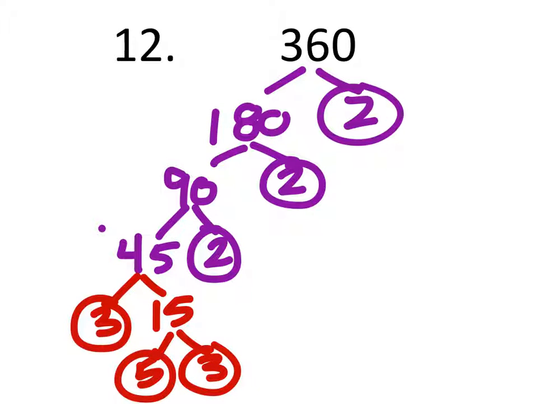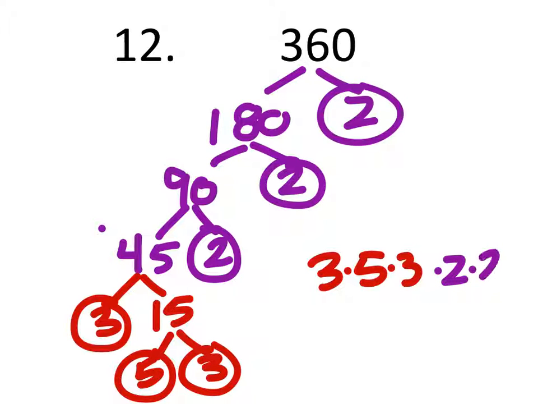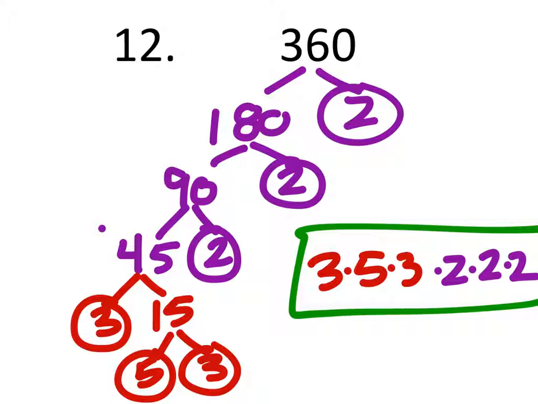So this one gave us six numbers, right? I got the 3 times the 5 times the 3. Then I've got these 3 twos. I'm using different colors. You don't have to, of course. But hopefully that helps.